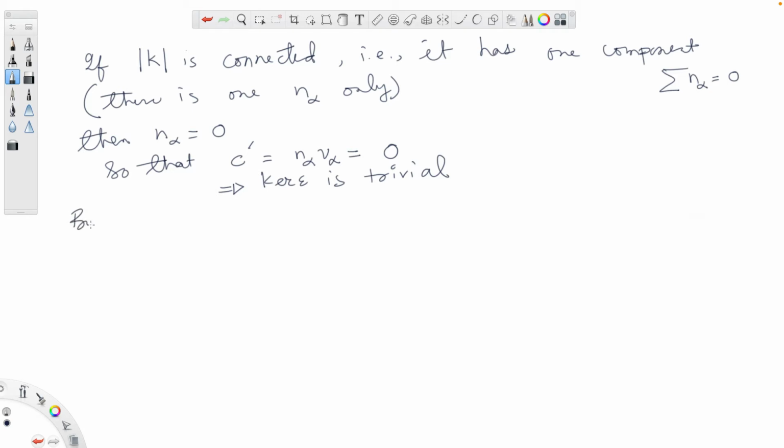By definition, the reduced homology group of the simplicial complex K is defined as the kernel of epsilon quotiented out by the image of delta 1, right? And the kernel of epsilon is trivial.